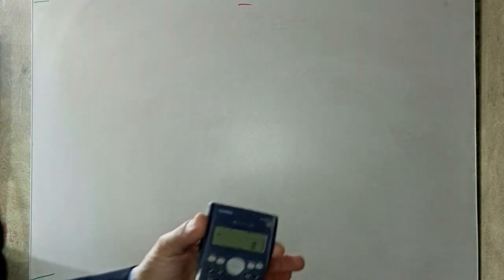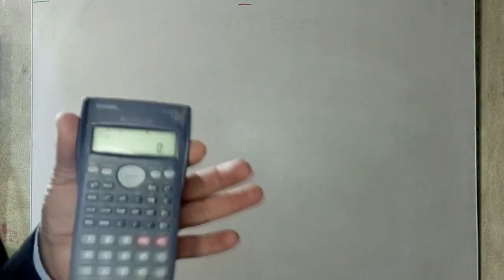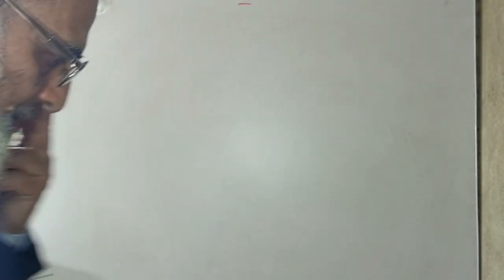Well, I may tell you that if you use these scientific calculators, sometimes they will not give you the correct answer because a logic or syntax error will occur on these calculators.